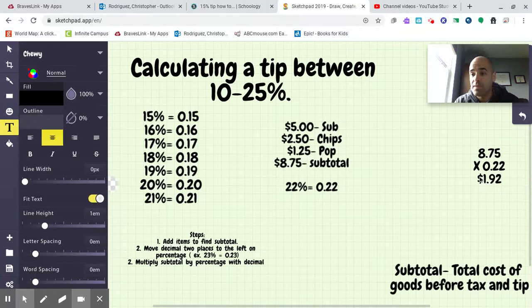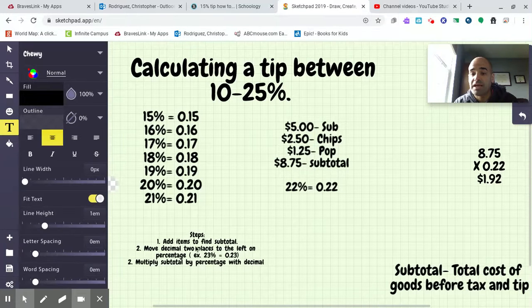So my 22% tip on my sub chips and pop with a subtotal of $8.75 would be $1.92. So I found the subtotal, I added them up to get $8.75.